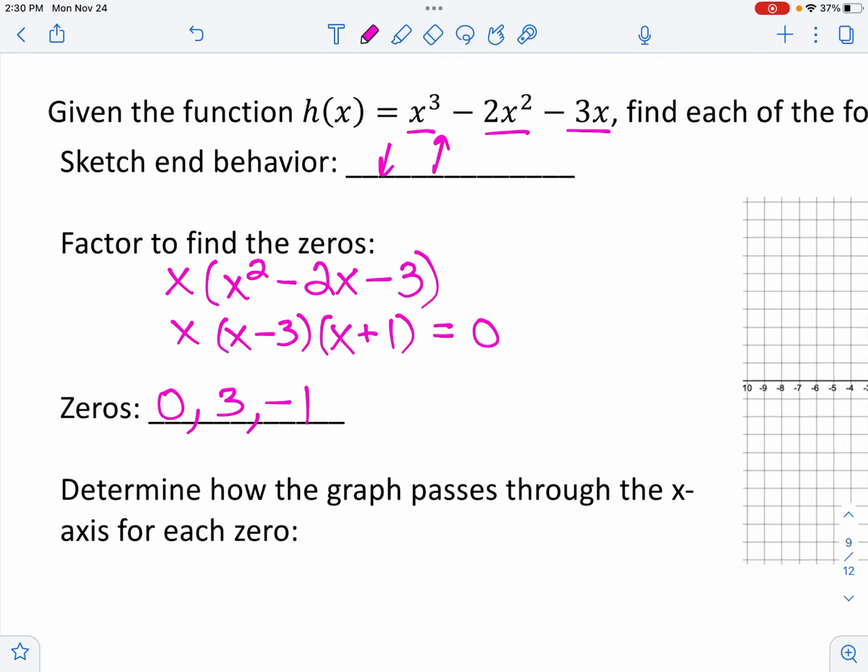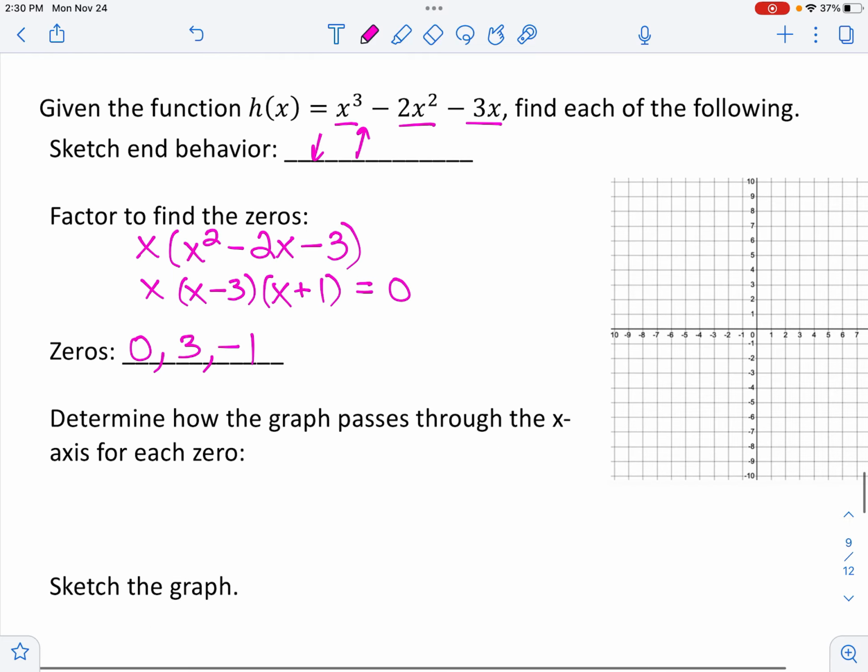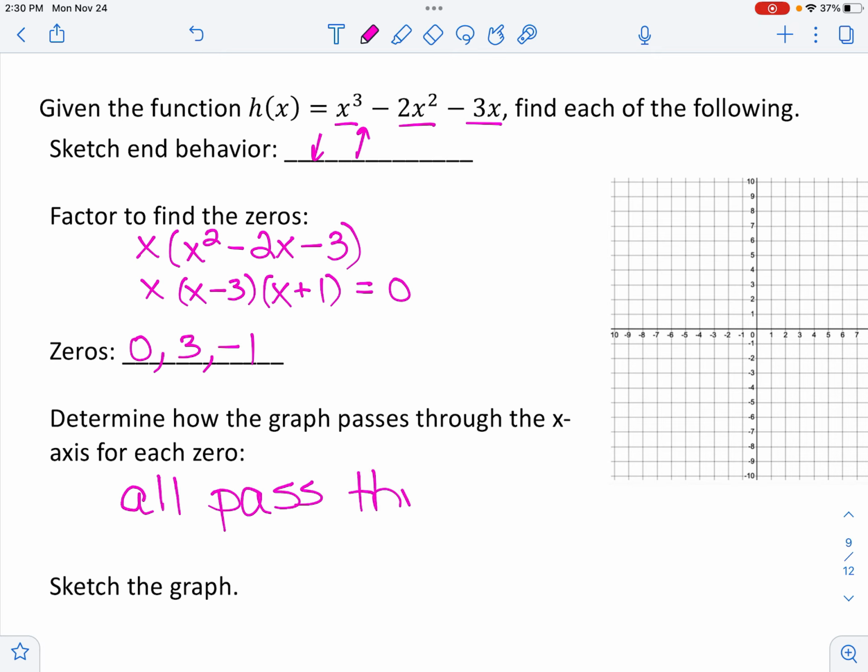Okay, so now we can use that fact to try to help us. Now, all of those determine how the graph passes through. They all pass through the x-axis because all of the exponents in the factored form up here, right, have an exponent of 1. So they all pass through.